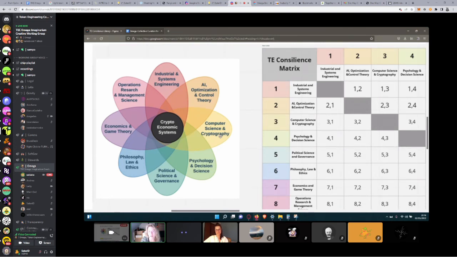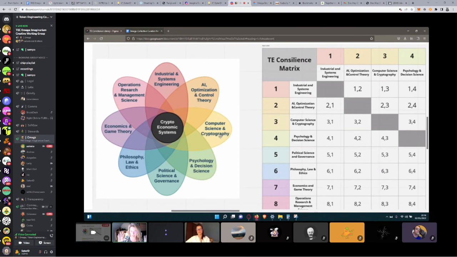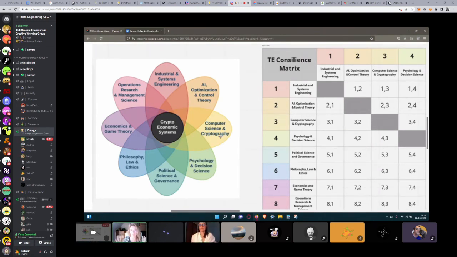Right? Crypto economics, token engineering still blows my mind, and I'm a computer scientist. I studied peer-to-peer protocol design, but still it has done something. Thomas Kuhn, Peter Drucker, they talk about this paradigm shift.